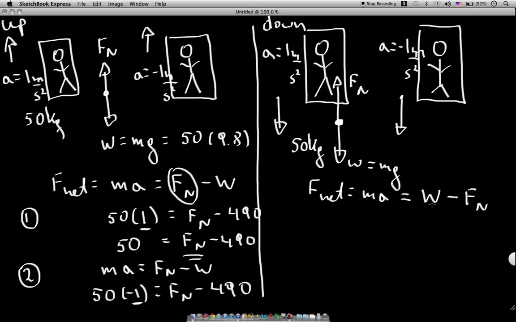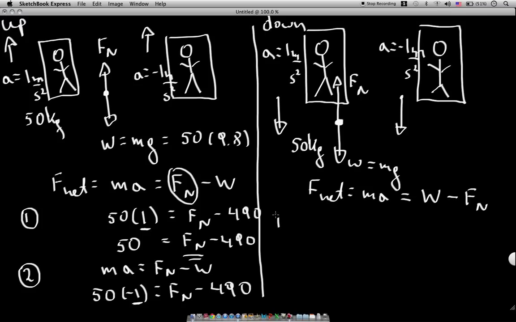And the reason for that is because I choose the direction of positivity always to be in the direction of movement. So my movement is down, so I'm going to assume that down is positive, and W is in that same direction. So here it will be positive. Fn, on the other hand, is in the opposite direction of movement. So what I do is I make it negative.